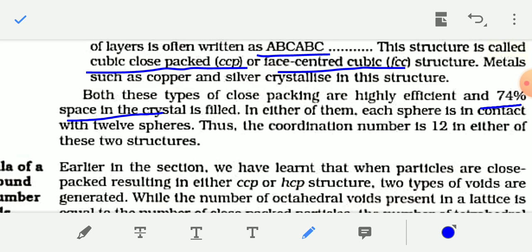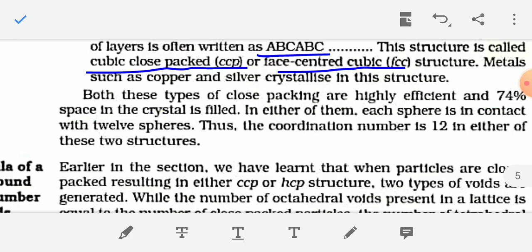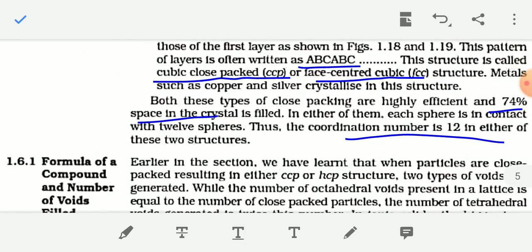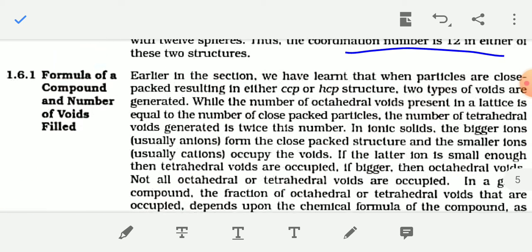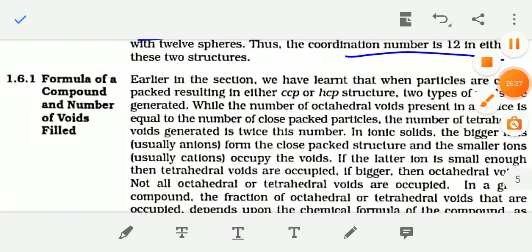In either of them each sphere is in contact with 12 spheres, thus the coordination number is 12.